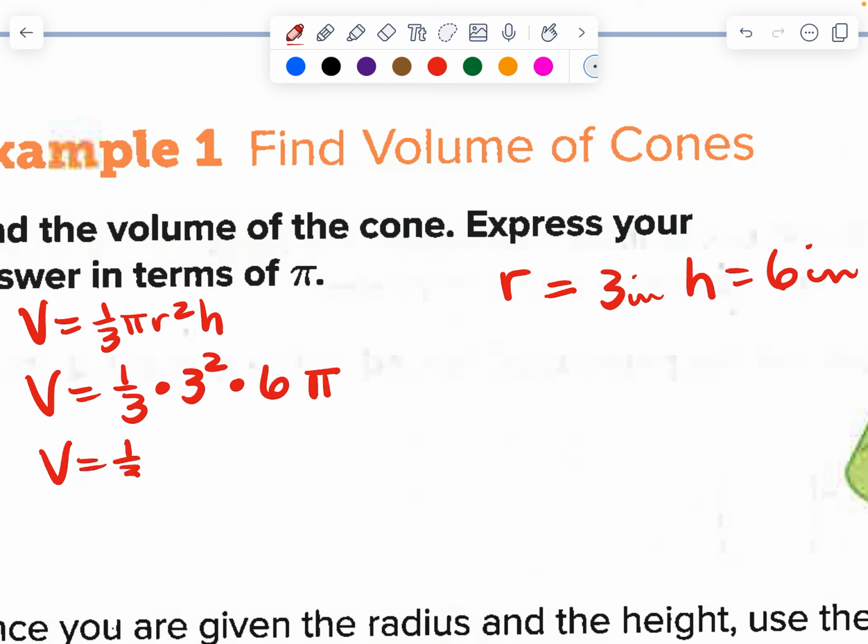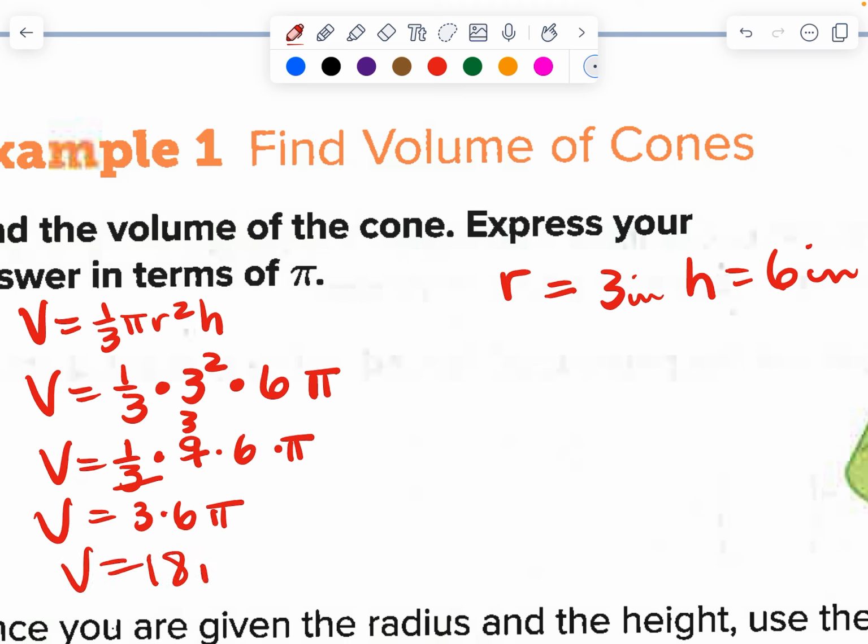So 1/3 times 9 times 6 times pi. 3 goes into 9 3 times. So 3 times 6 pi. This is going to get me 18 pi inches cubed. And it wants it in terms of pi, so we just leave it like that.